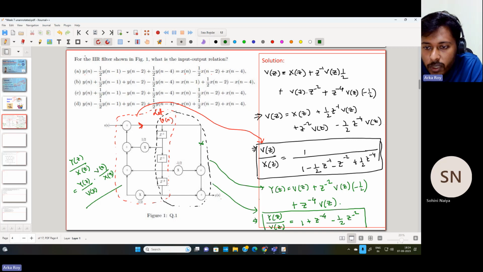Y(z) upon V(z) is given over here and similarly V(z) upon X(z) is given over here. So let me just plug in these relations and then let us see what is there in the transfer function of Y(z) upon X(z). So let me just copy these parts in the next page.